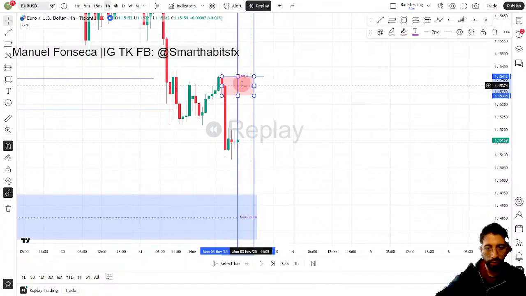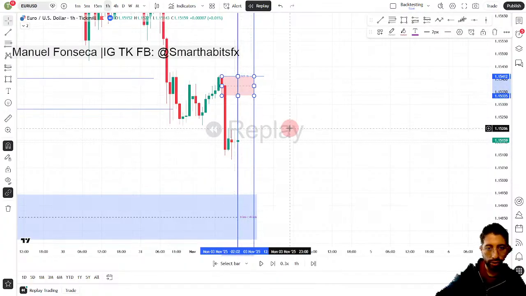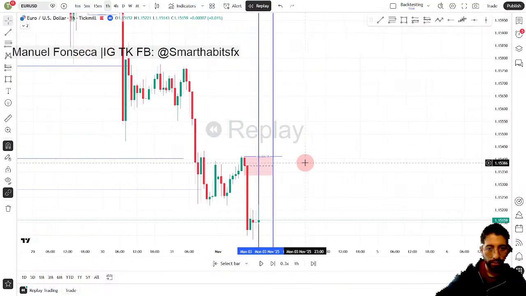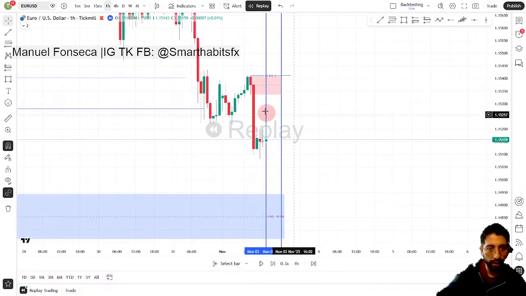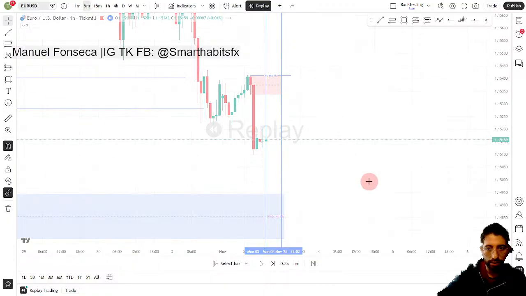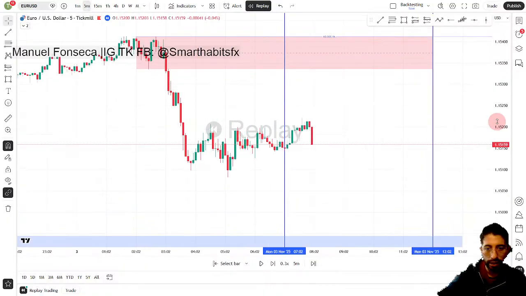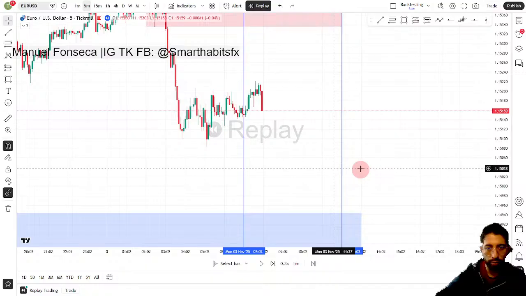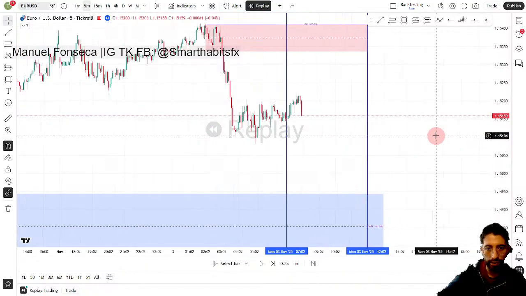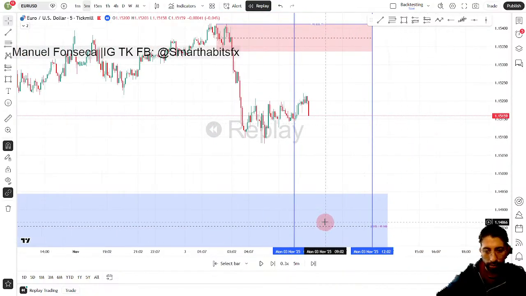So I will wait for a confirmation here, a continuation pattern, and then I will see. Now let's go to 5 minutes, because 5 minutes is the time frame in which I confirm my entries.